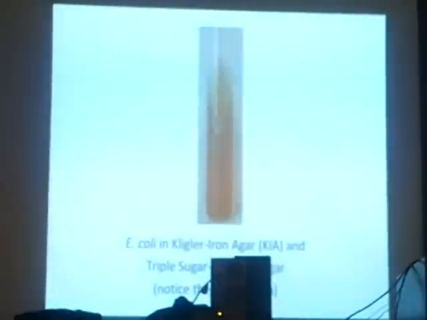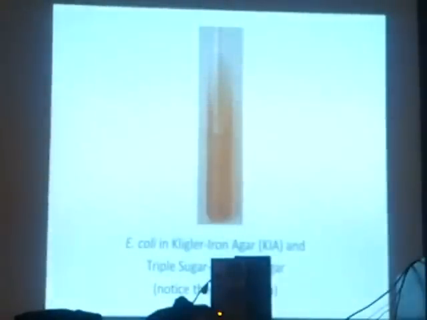Therefore, the whole medium will shift towards the yellow color. Do you understand? Right? Now, the problem here is that glucose is present in only small concentrations, so it is consumed rapidly. It will not last for the whole incubation period of 20 to 24 hours. It gets consumed in about 10 to 12 hours.